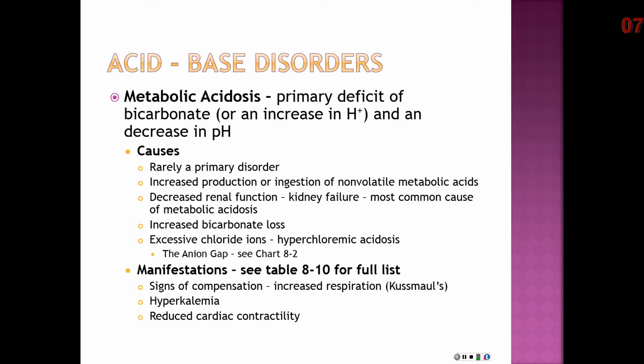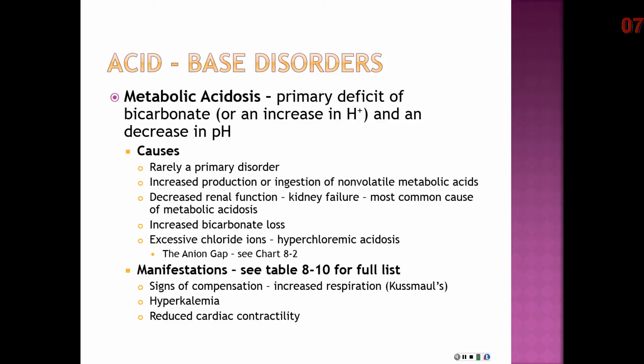Manifestations are listed in table 8.10 in your book. I actually think the page for that is 198 in the current edition. Just so we're clear on that, I'm looking at the 4th edition. So there's a lot of manifestations listed there for metabolic acidosis. Lots of GI issues: anorexia, which is loss of appetite, nausea, vomiting.